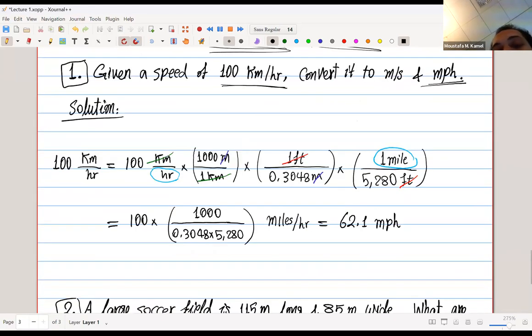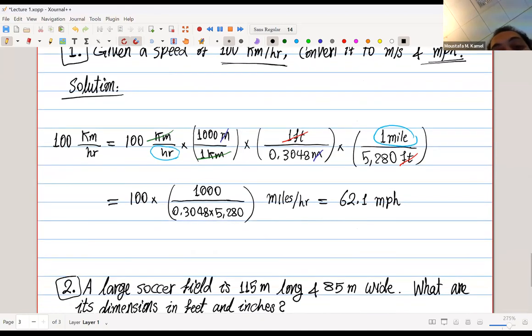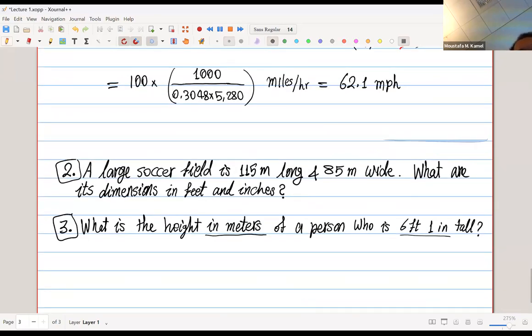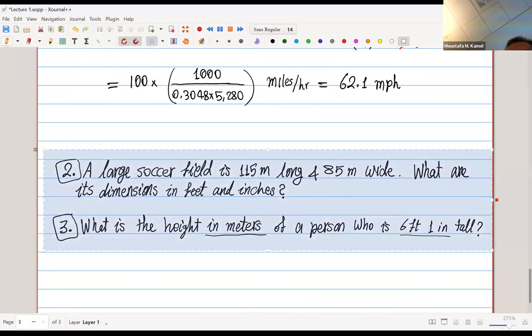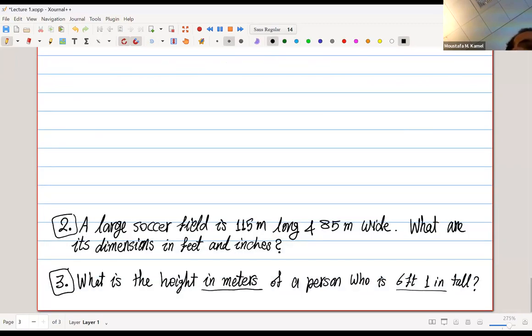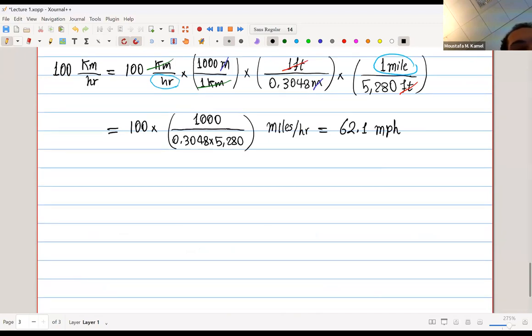Now we go to meters per second. Okay. We repeat the same process again. 100 km/h is equal to 100 km/h times, and now I want to go to meters per second, so I will convert kilometers to meters and then hours to seconds.